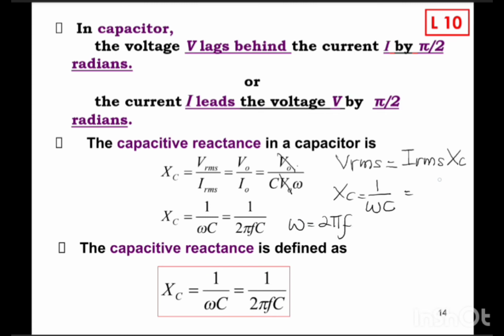So we get 1 over 2 pi fC. So the capacitive reactance is defined as Xc equals 1 over omega C, or 1 over 2 pi fC.